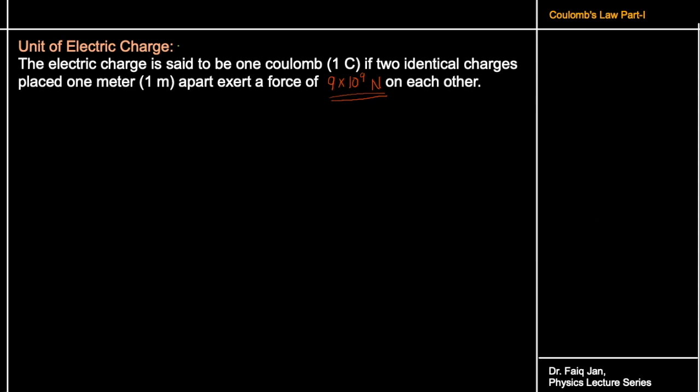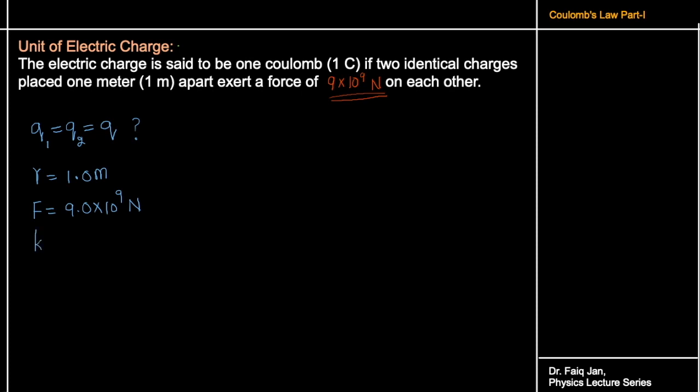For example, we have two identical charges Q1, Q2 equal to Q, and the charges are 1 meter apart from each other, and they exert a force of 9.0 into 10 raised to power 9 Newton on each other. Then what will be the magnitude of charge?